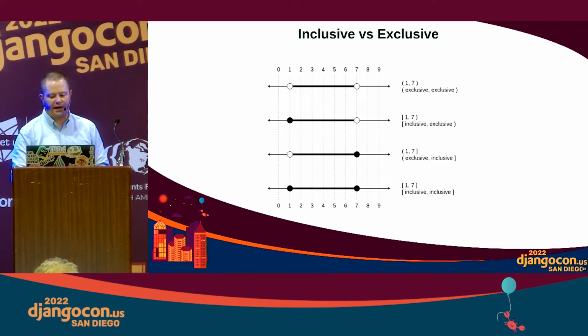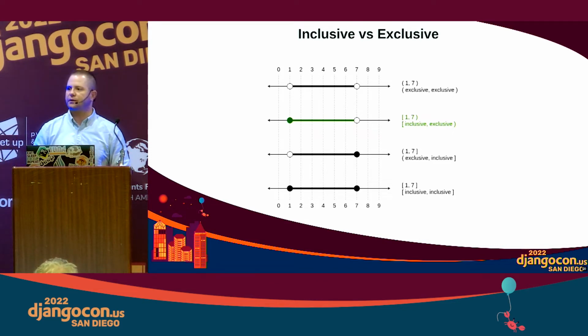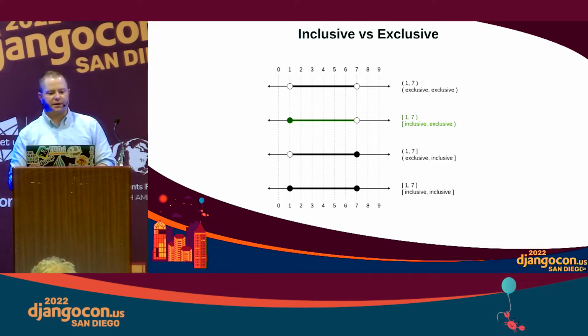That second one down is really the one we're going to focus on, and that's what Postgres and Django use by default, an inclusive and exclusive range. So when you look at this value, that second one down, it includes the number 1, but it does not include the number 7.